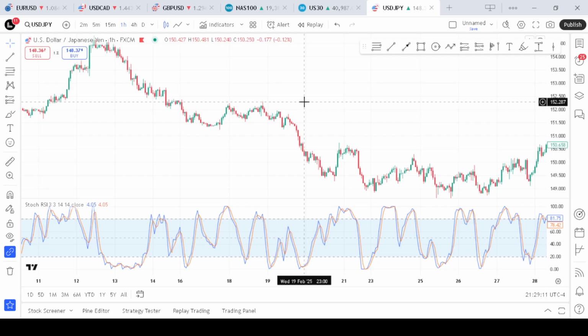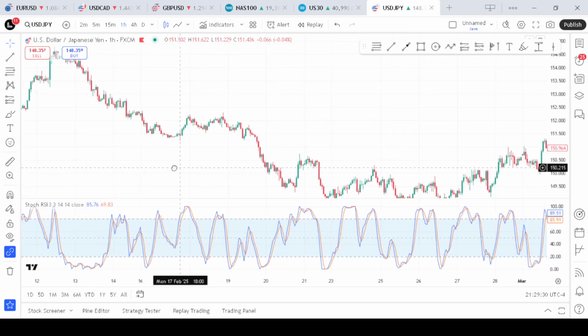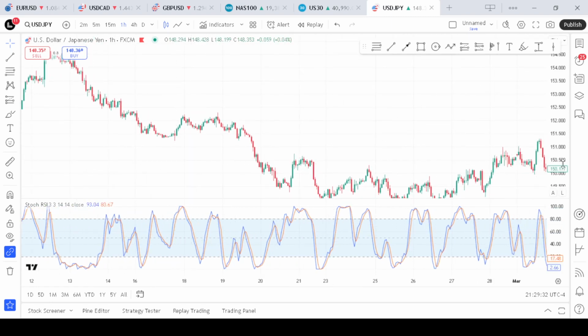Similarly, when price makes a new low but the stochastic RSI doesn't make a new low, this bullish divergence may signal an upcoming uptrend reversal. This divergence often provides some of the most reliable trading signals available from this indicator.